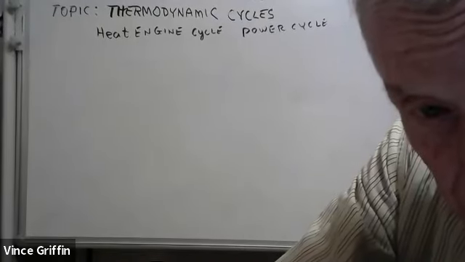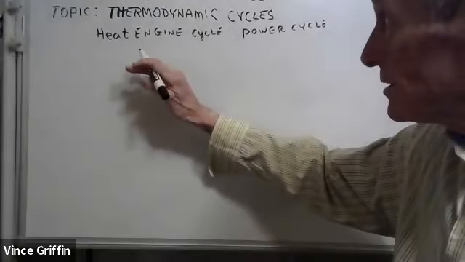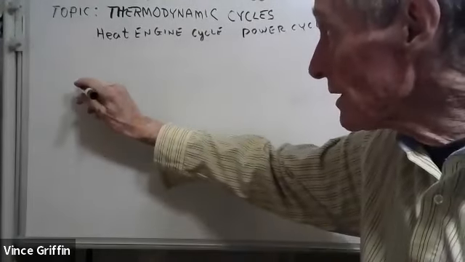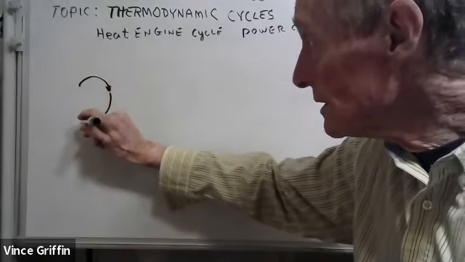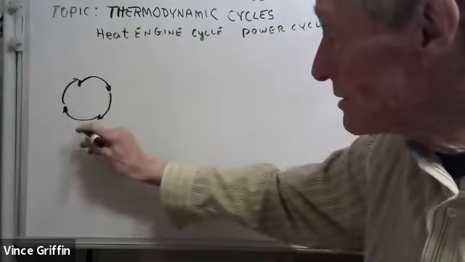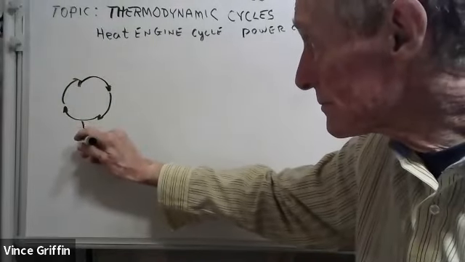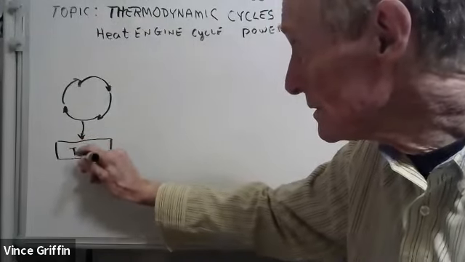Okay. Well, what I want you to do is to draw this schematic. Like this. Heat engine cycle is it's got a clockwise schematic. It goes around and around clockwise. It has a low temperature and a high temperature.